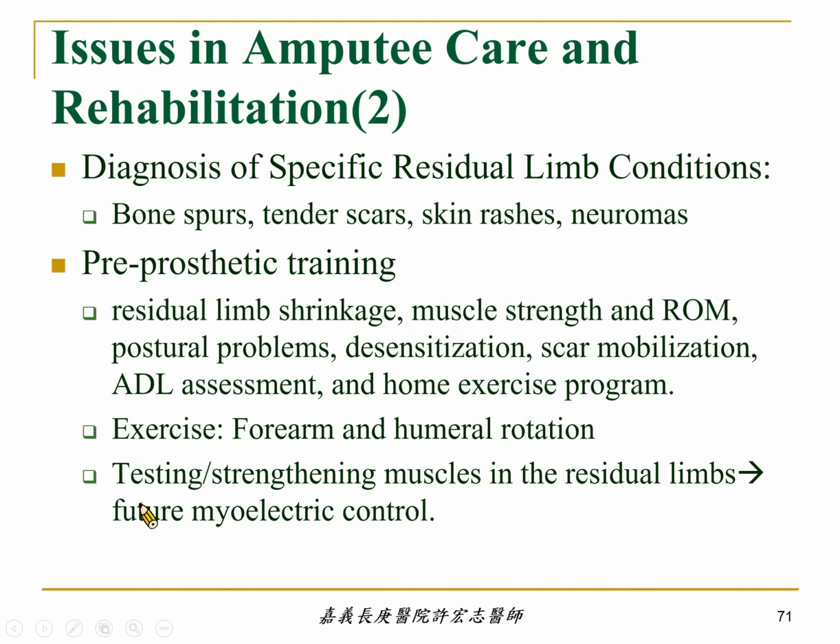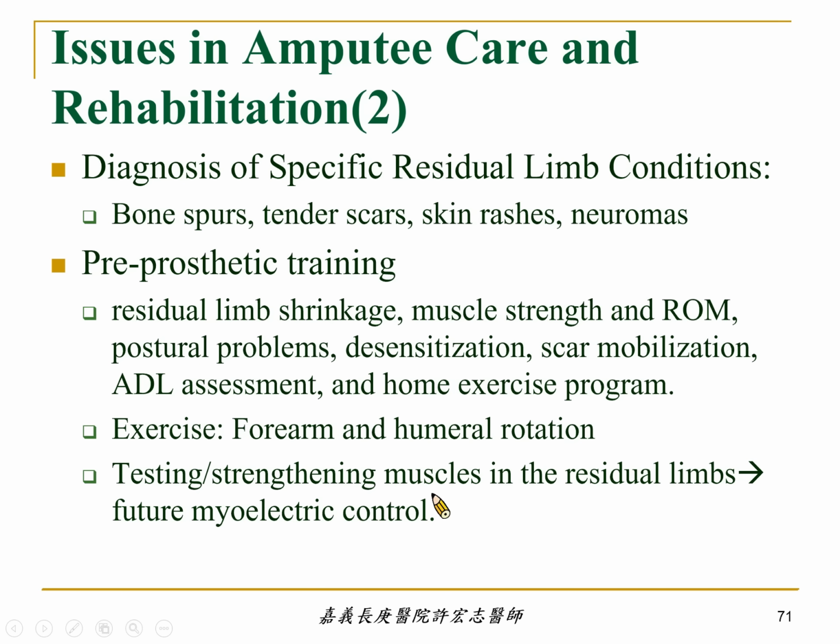Okay, so in the training session, we should always test and strengthen the muscles of the residual limb. How to test, how to strengthen? I have told you before. We can test the grasp function, the pinch function, and forearm pronation and supination. All these muscle powers are important, especially if you are going to use a myoelectric prosthesis in the future.